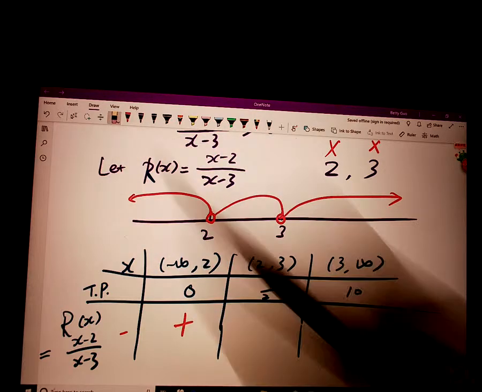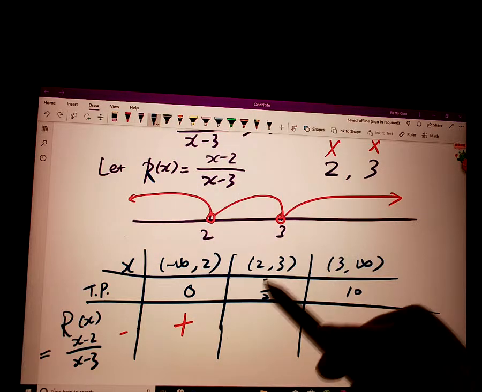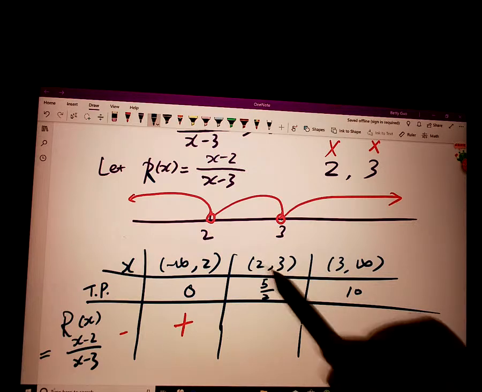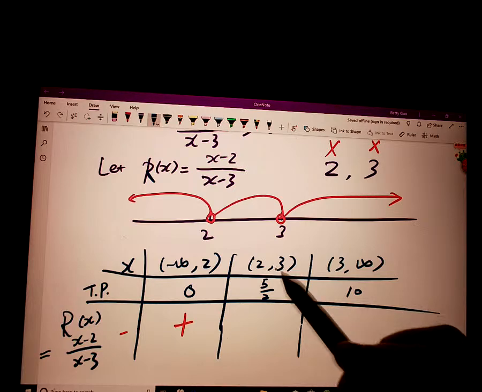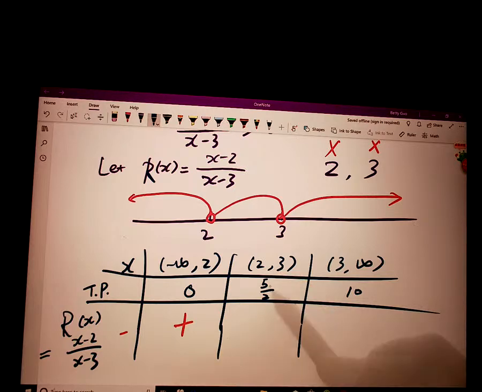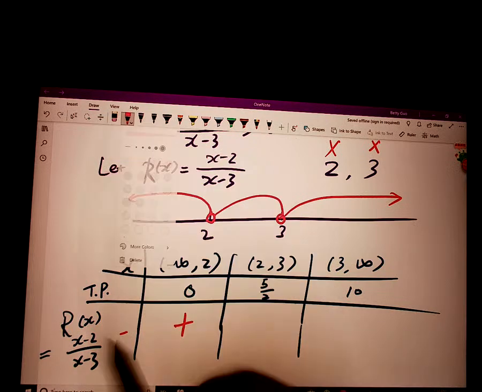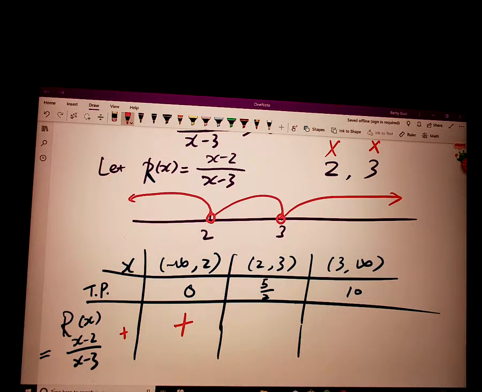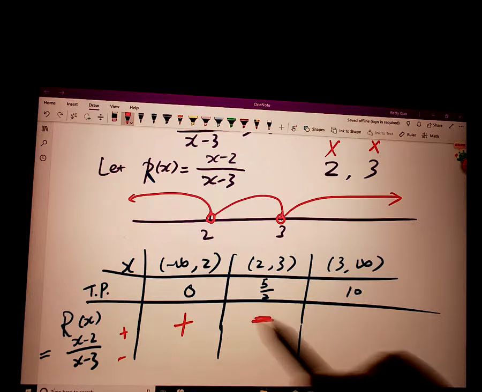Sorry. 5 over 2 is 2.5, which is between 2 and 3. So we plug in 5 over 2. We have a positive on the top and a negative on the bottom, because 2.5 minus 2 is positive and 2.5 minus 3 is negative. So we have a negative here.